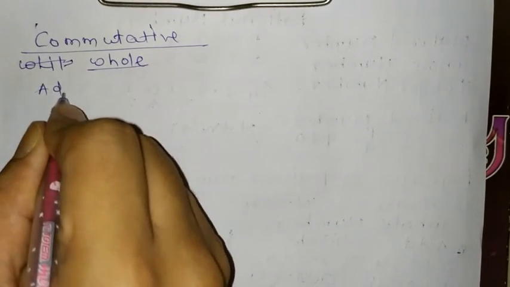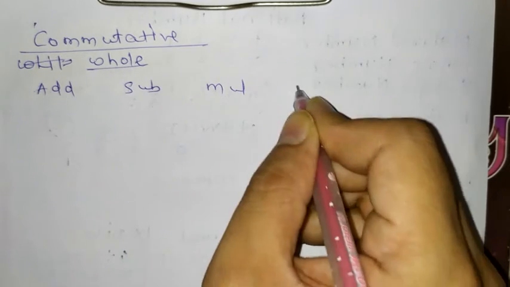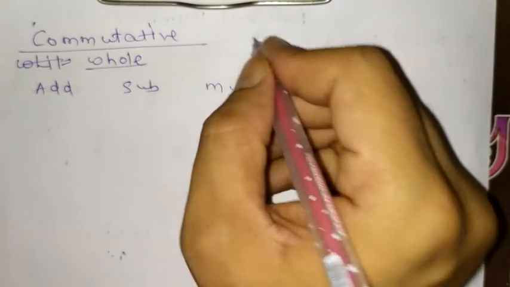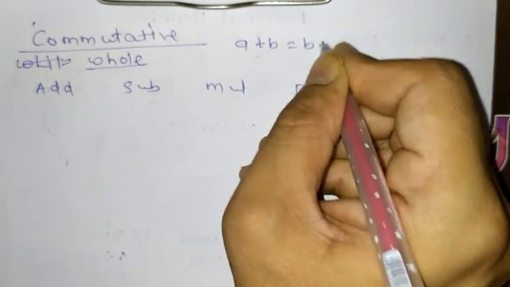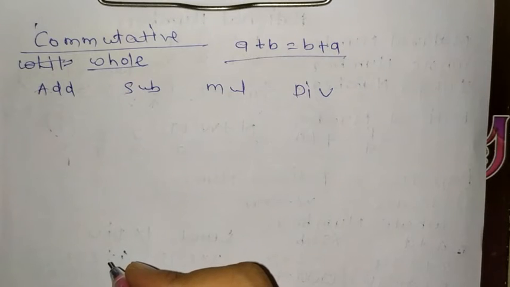As usual we have four operations. First we should understand what is commutative. In short, a plus b equal to b plus a. This is the commutative property, means in reverse also the result will come the same.